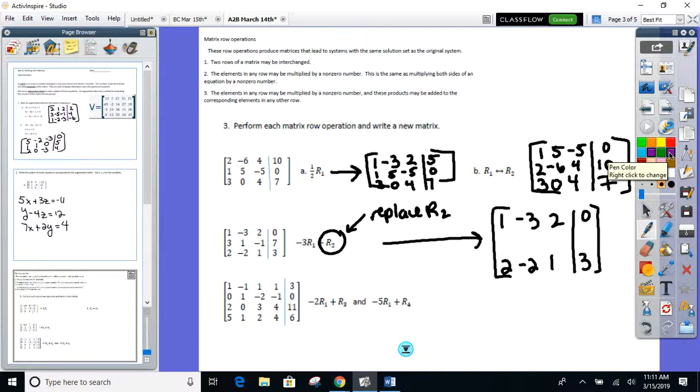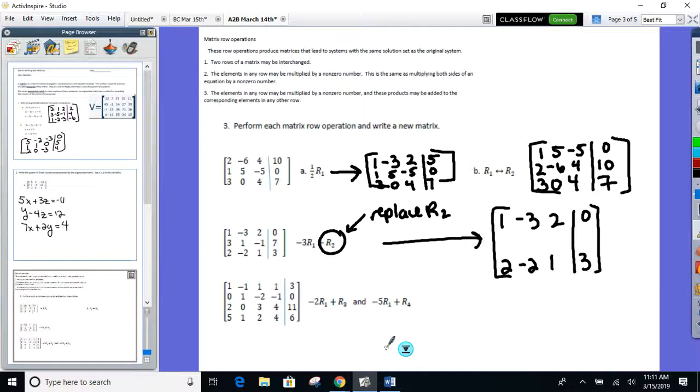You ready for the new row 2? Everyone take your time. Negative 3 times 1, plus 3. Why the zero going in there? Negative 3 times 1 plus row 2's 3 is 0.